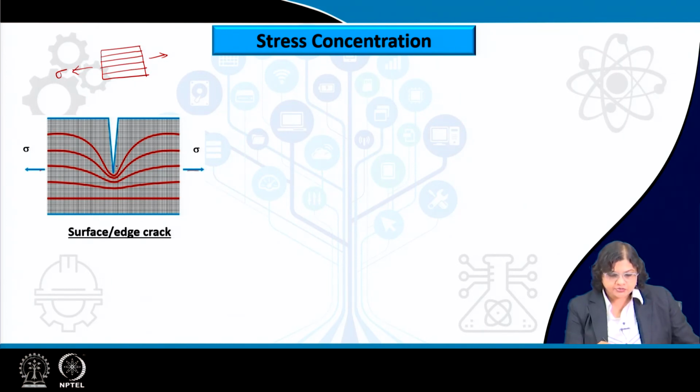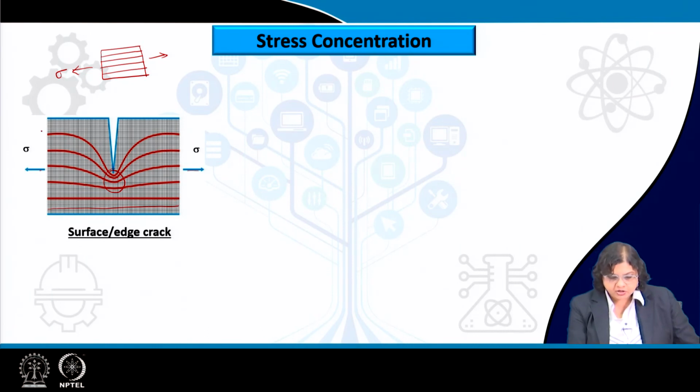Now, due to the presence of a crack, these lines of force get concentrated near the tip of the crack. If we move far from the crack tip, the lines of force come back to their parallel rhythm.